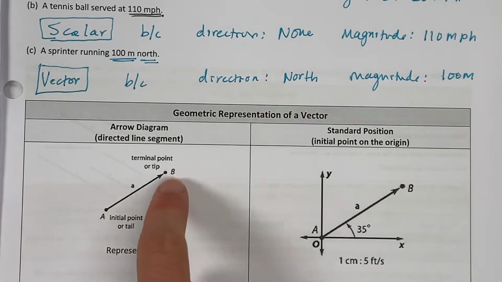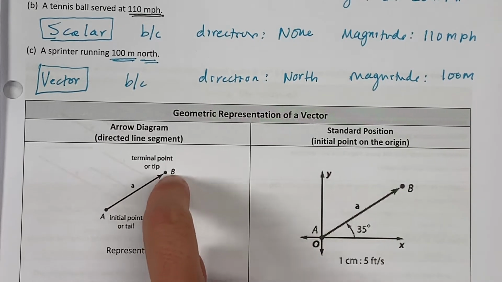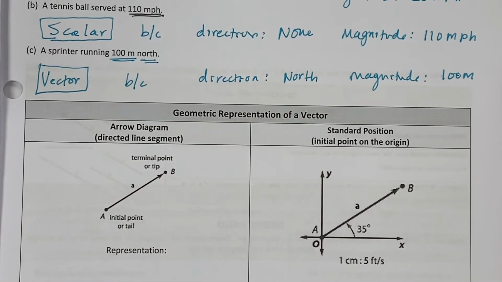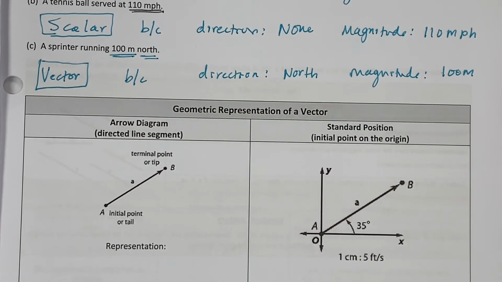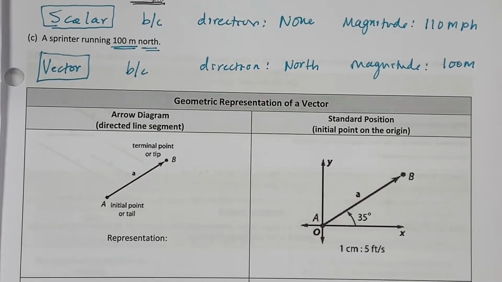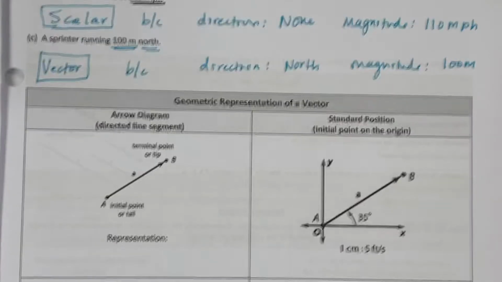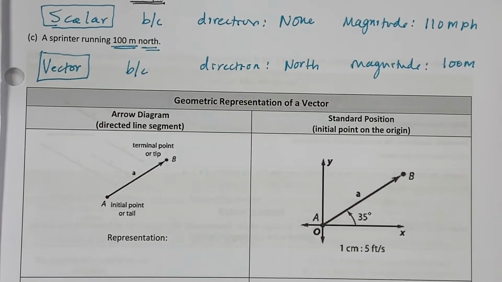And the terminal point will always be represented with an arrow, and that's called the tip. So we have a tip and we have a tail. A vector is considered in standard position if you put it on the coordinate plane, and the tail of the vector, or the initial point, is on the origin at 0, 0.